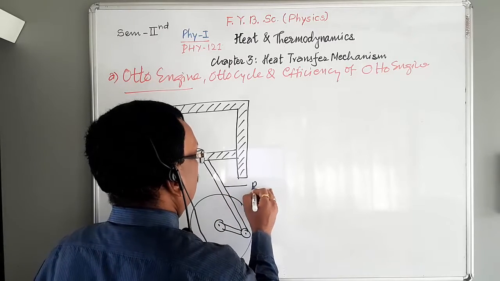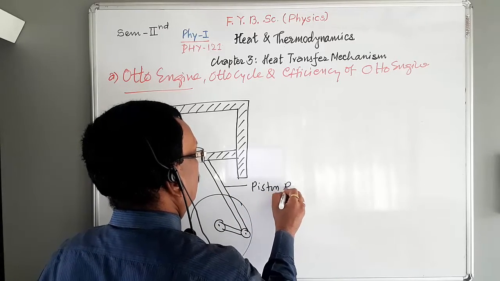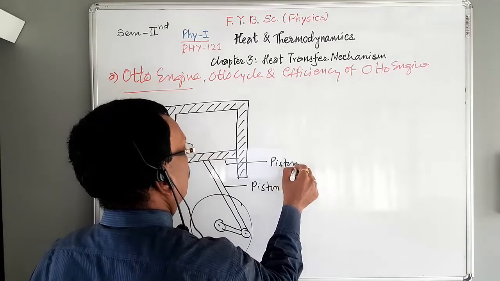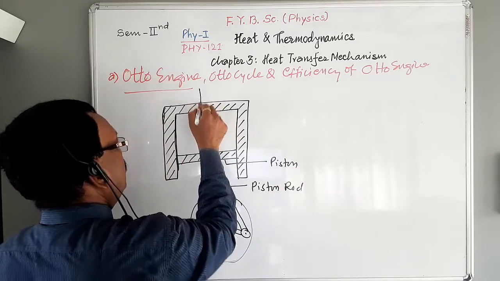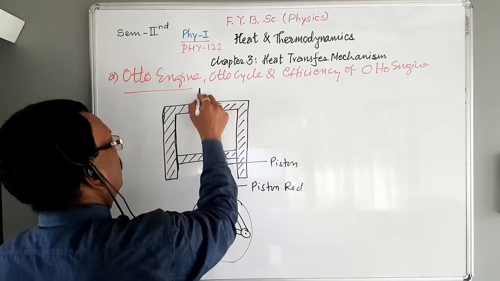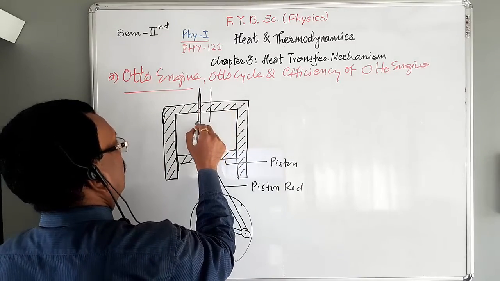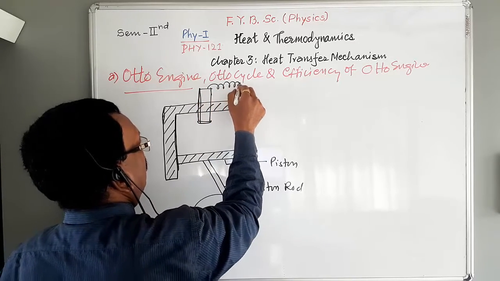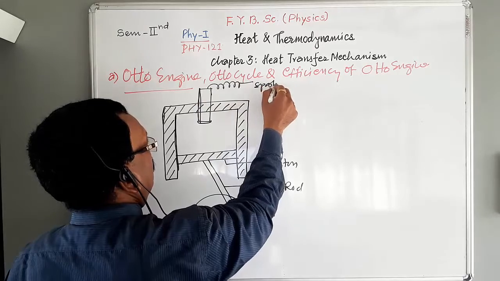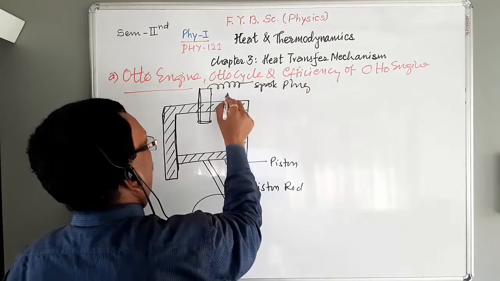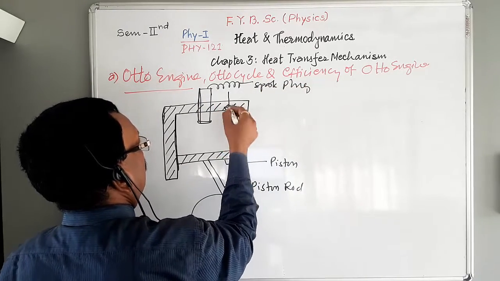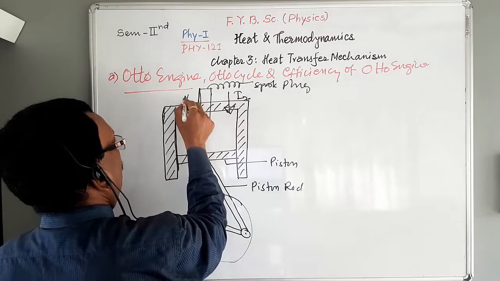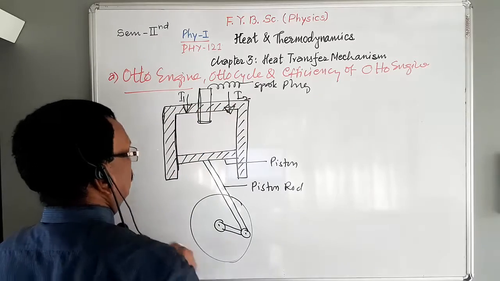This is the piston rod, this is the piston. This cylinder is fitted with a spark plug, and there is an outlet hole I2 and an inlet hole I1.